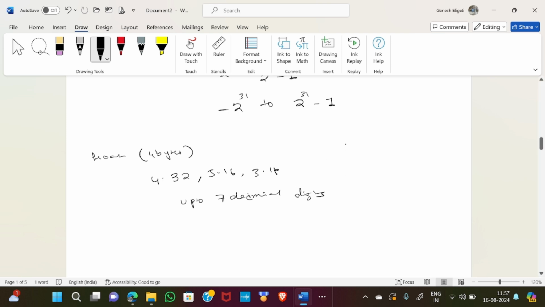And then the double, if you want more than 7 decimal digits, then you can use double, which has a size of 8 bytes. So you can represent up to 15 decimal digits here.